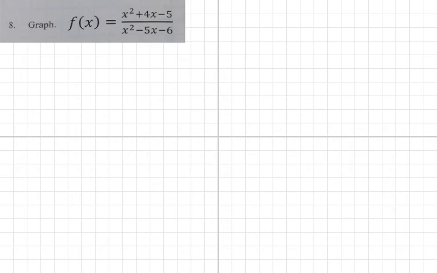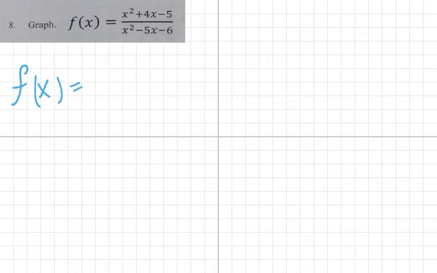Okay, so we have this function, f of x equals x squared plus 4x minus 5 over x squared minus 5x minus 6. The first thing we should really do is to take a look at the original function and take the numerator and the denominator, and we're actually going to take some time and factor those.